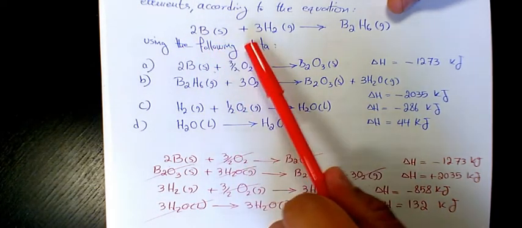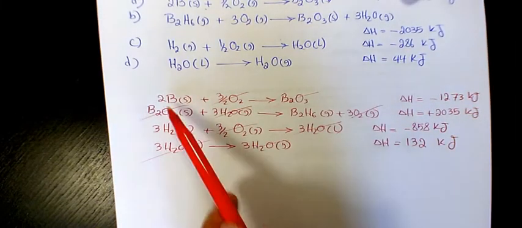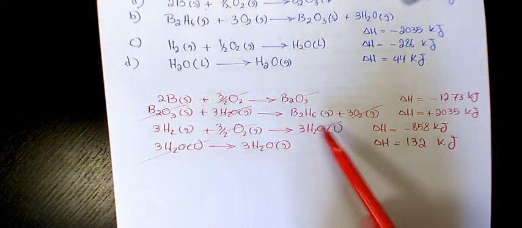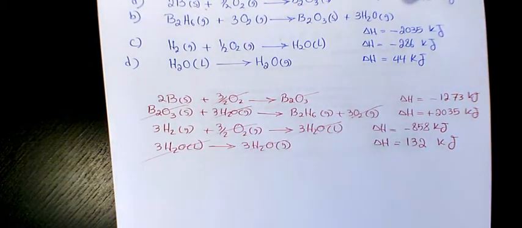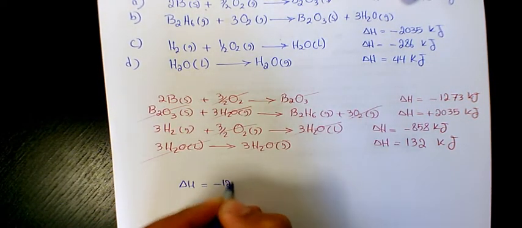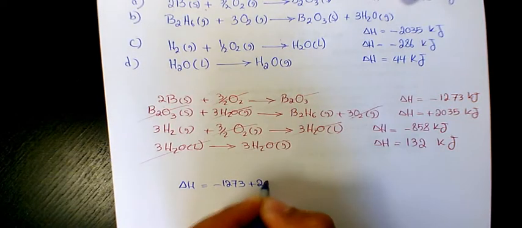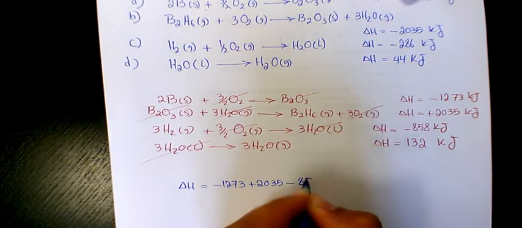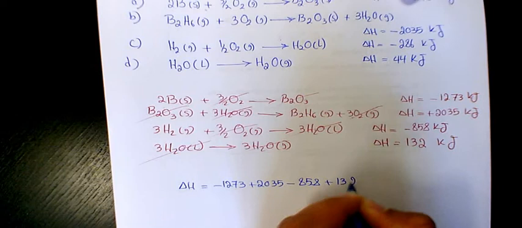So the rest is going to be the ultimate reaction in here. 2B plus 3H2 gives us B2H6. So delta H is going to be negative 1273 plus 2035 minus 858 plus 132.